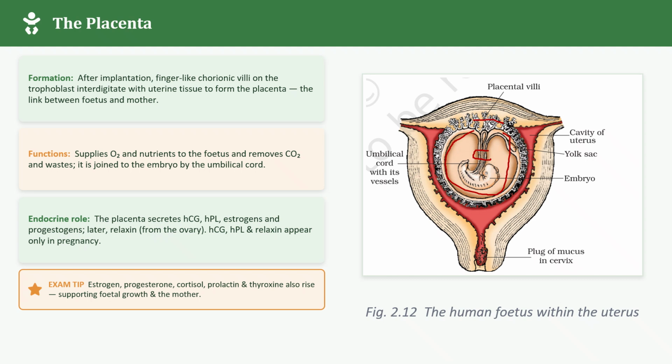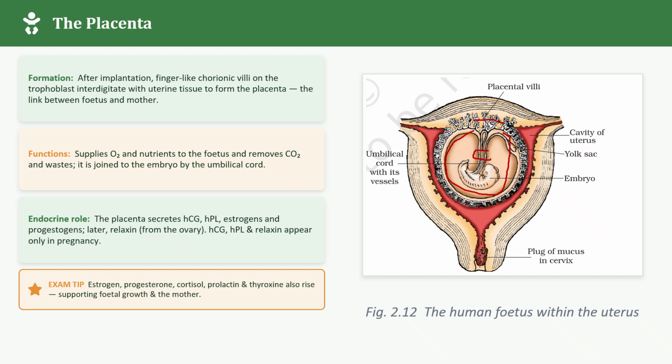Next, the placenta also acts as an endocrine gland by producing hormones such as HCG. HCG is human chorionic gonadotrophin, which maintains the corpus luteum during early pregnancy. And HPL, human placental lactogen, helps to prepare the mammary glands and also regulates the maternal metabolism.